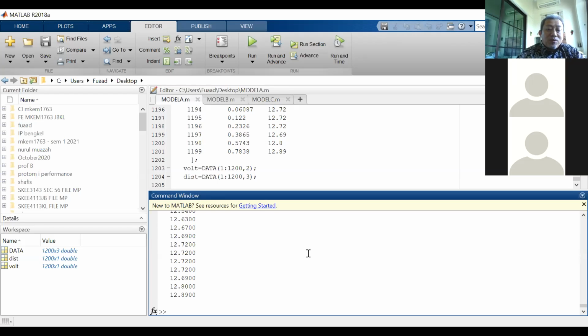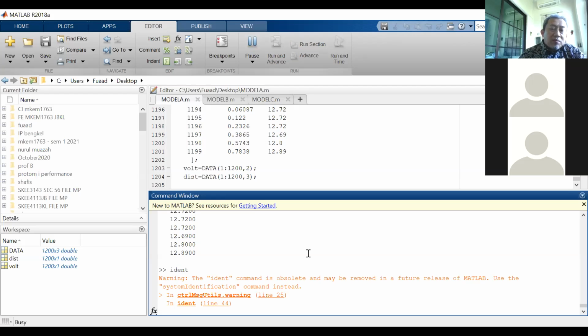Okay. Lepas tu kita nak panggil GUI macam mana? Graphic User Interface. Panggil ident. Ignore yang merah tu, tak ada apa.